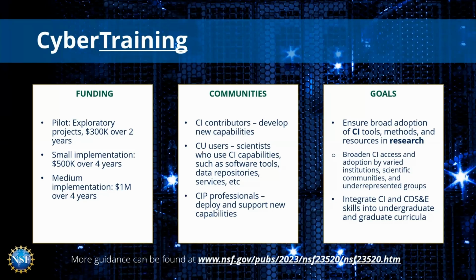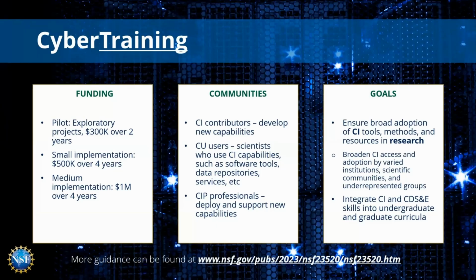You may have two objectives. One is to broaden adoption of CI tools in the research communities. Sometimes people offer workshops and so on. You may also want to integrate such education into the undergraduate or graduate curriculum. So those are two broad goals that you may have. And one thing we are increasingly interested in is to broaden access by a variety of means.